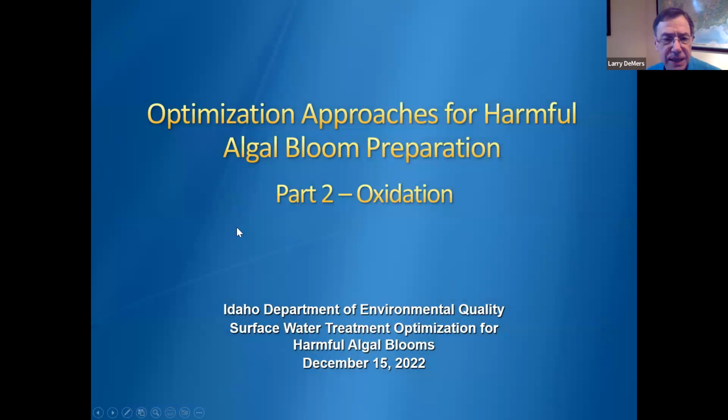All right, I'm going to talk about optimization from the standpoint of using a process that all plants are familiar with. And it really revolves around the concept of disinfection or CT. But it also can be referred to as oxidation.